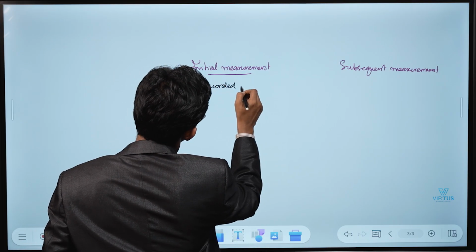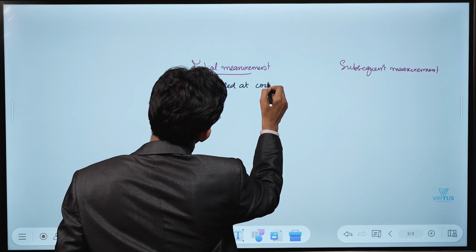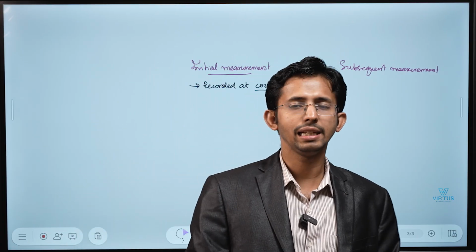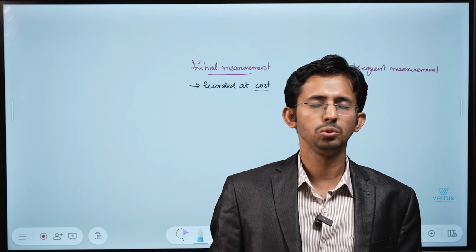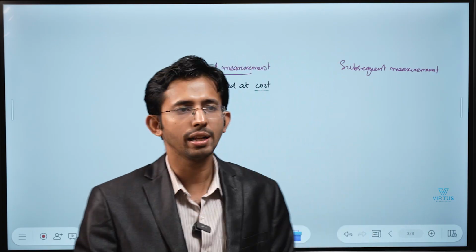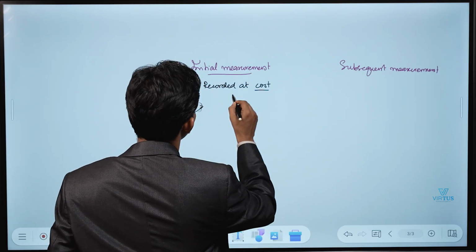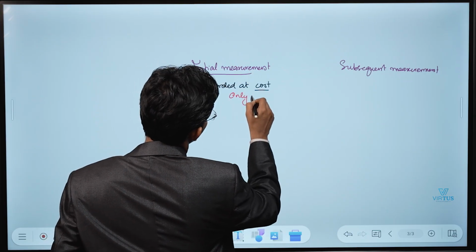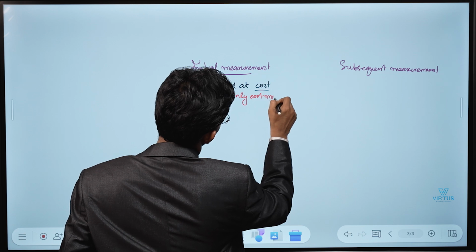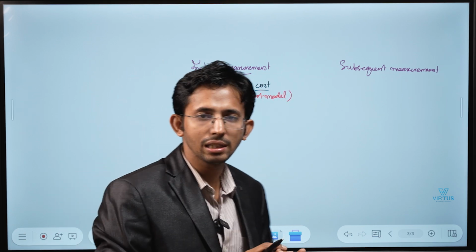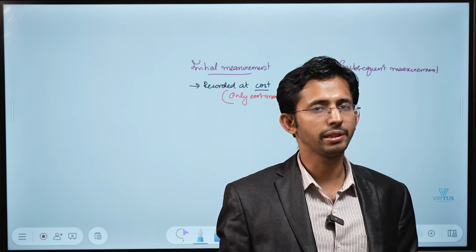You can record any PPE initially at cost only. You can't use any other model. Cost model, only cost model. So for initial recognition, only cost model. No other method, no other policy permitted.